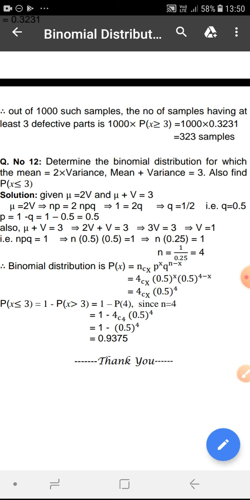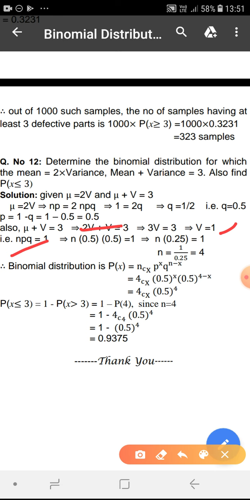Now the second one given is mu plus v equal to 3. Mu means 2 times variance, 2v, given in the question. So it becomes 2v plus v equal to 3, 3v equal to 3, or v is equal to 1. But v means the variance, which is npq. So npq will be 1.